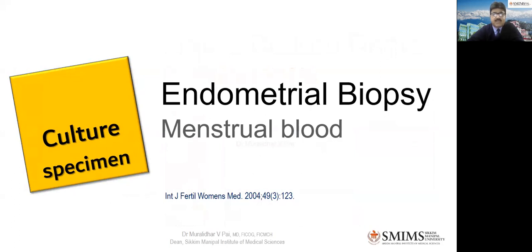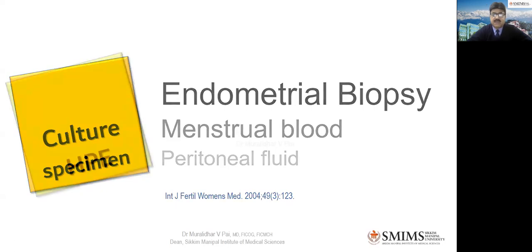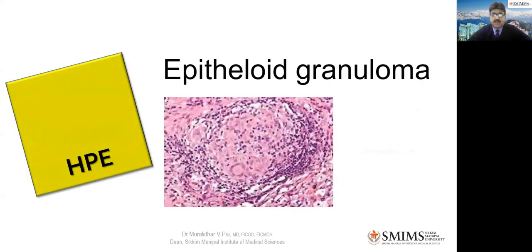You can send the menstrual blood of day 1 or maybe sometimes even the second day. Peritoneal fluid also can be sent for culture. So best is, of course, endometrial biopsy. As you can see here, it is in bigger font, black color; menstrual blood, smaller font, gray; and peritoneal fluid is lighter color. Histopathological examination may be too late, but pathologists can diagnose when they see epithelioid granuloma.